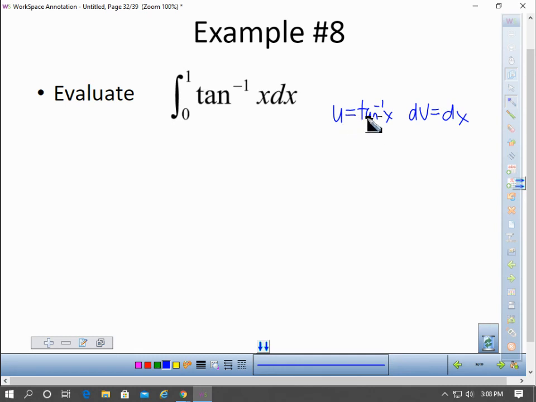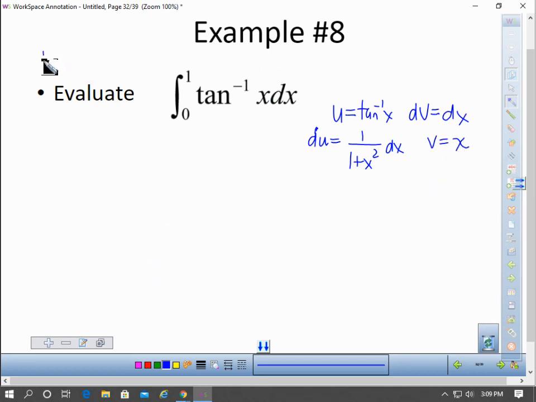Now, we're going to take the derivative. So du equals, if we go back to all the arcsecant, arcsine, arctangents, the derivative of arctan is 1 over 1 plus x squared. So he's the easiest one to do the derivative of. Pretty easy. No radicals or anything. And then here we're doing the antiderivative. So the antiderivative of each of these, v equals x.